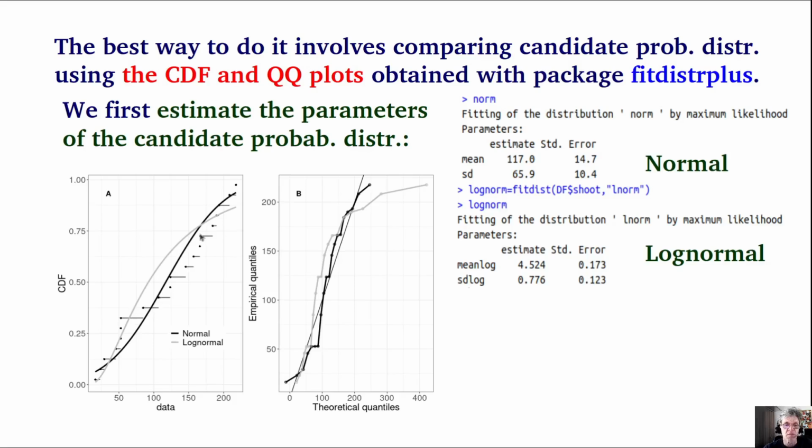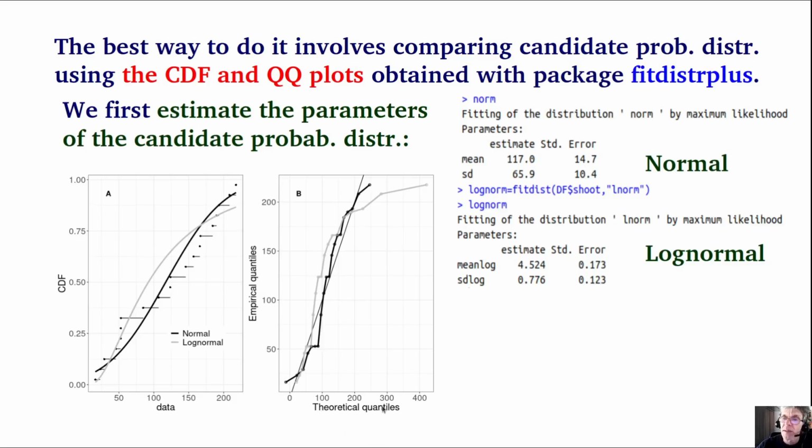The actual data are these stepwise values, and this, for instance, says that almost 75% of the values are smaller than 150 ppm. In the QQ plots, we are simply comparing two distributions: the empirical quantiles and the theoretical quantiles.